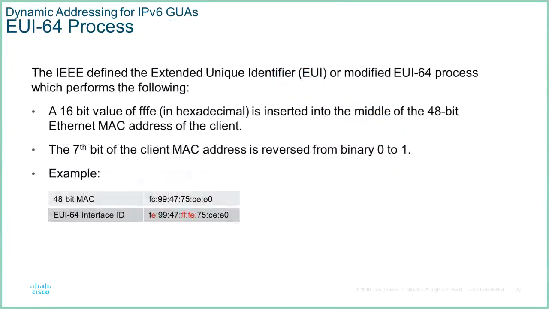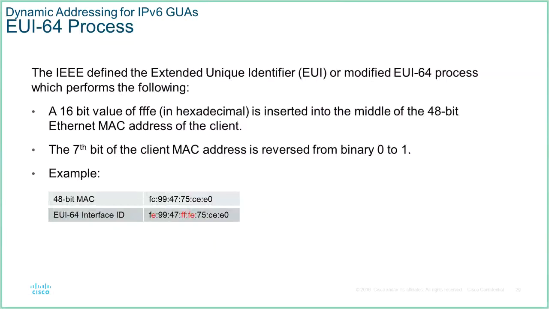Now EUI, extended unique identifier, will use the MAC address, which is 48 bits, and add a little bit in the center, and we'll generate a nice little number, giving it a unique number. So the 7th bit in the client MAC address will be reversed from binary 0 to 1.